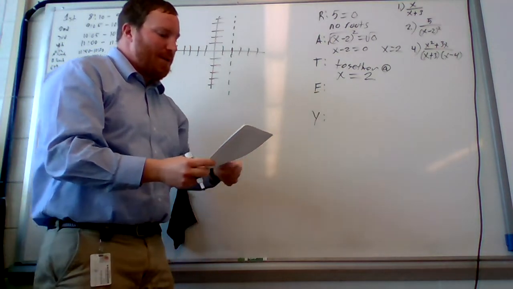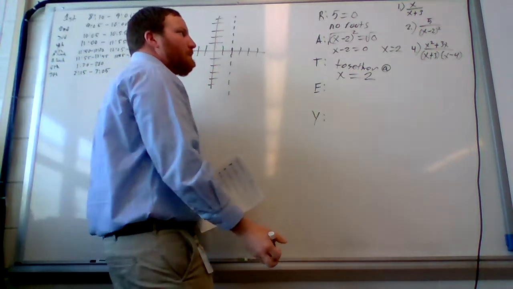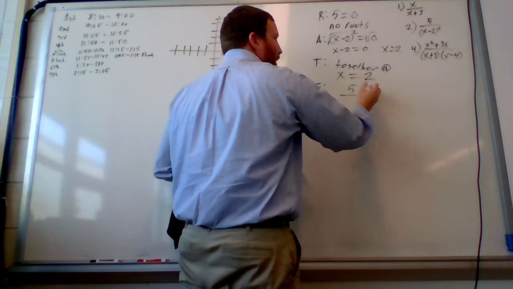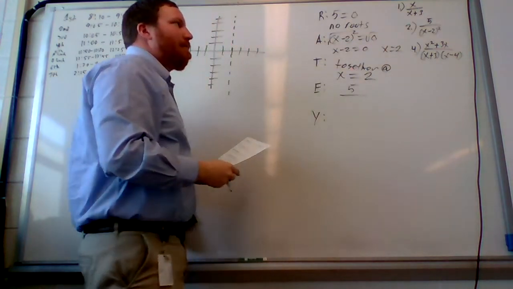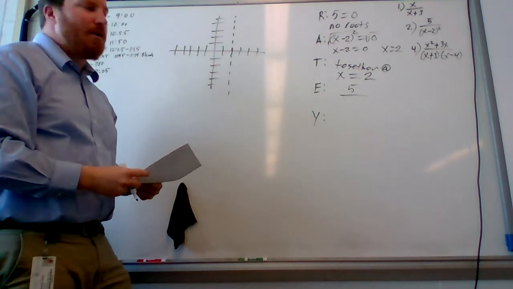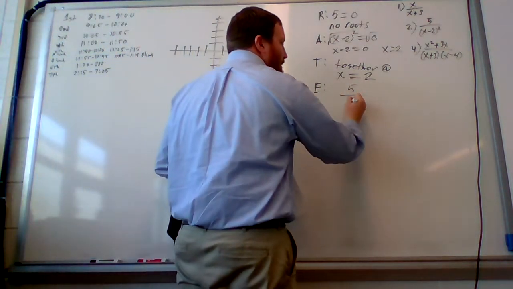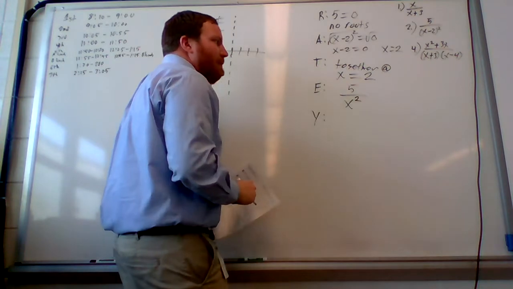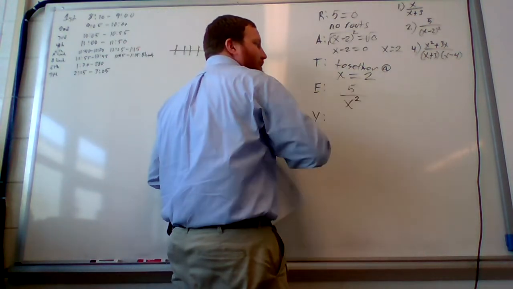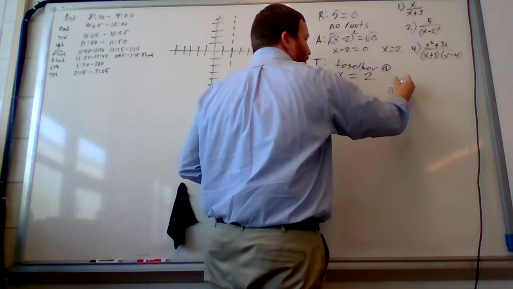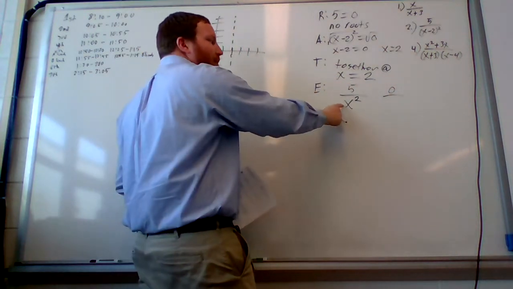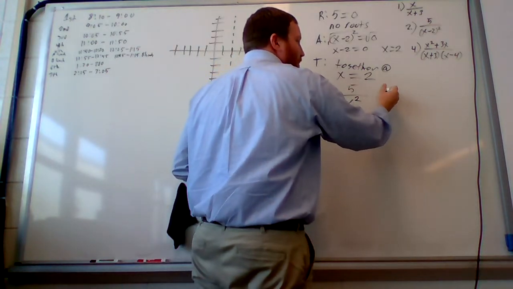So that brings us to our e, our end behavior. Again, in end behavior, looking at the first term, so we've got a 5 on top. And technically, if we have x minus 2 times x minus 2, we multiply those 2, we're going to get an x squared as our first term in our denominator. So in this case, our top term is a 0 degree, meaning there's no variable, it's just a constant, and we have a degree of 2 in the bottom.